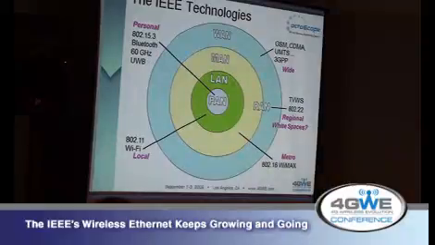Now, 60 gigahertz is worth mentioning because that's the spectrum now. It started out for short-range communications, personal area network, because there's a lot of spectrum there, 7 gigahertz of available spectrum. 802.15.3c developed an OFDM-based protocol to do short-range, kind of high-definition video transmissions in that spectrum.